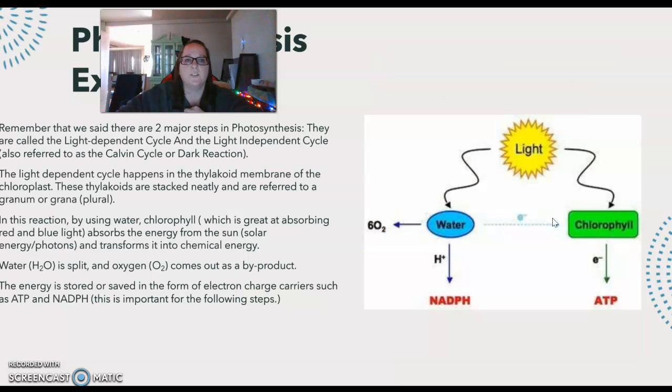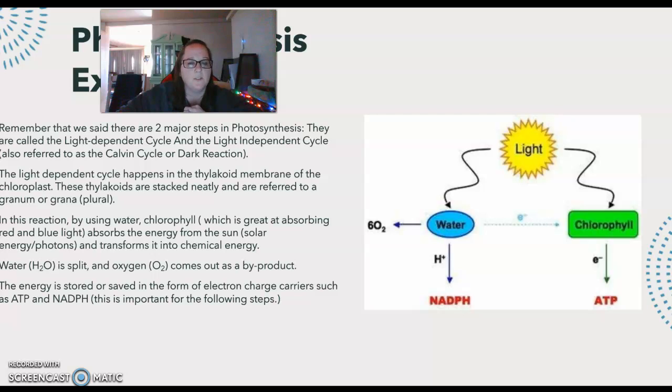Remember that we said there are two major steps in photosynthesis. They are called the light-dependent cycle and the light-independent cycle, also referred to as the Calvin cycle or dark reaction. The light-dependent cycle happens in the thylakoid membrane of the chloroplast. These thylakoids are stacked neatly and are referred to as granum, or grana for plural.